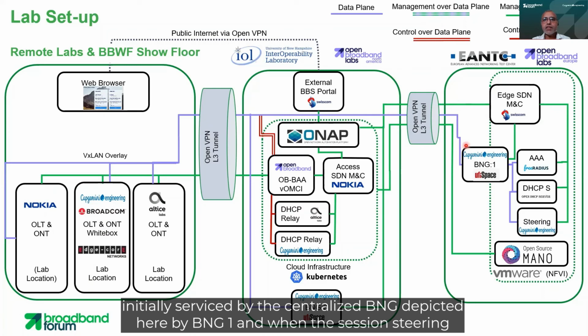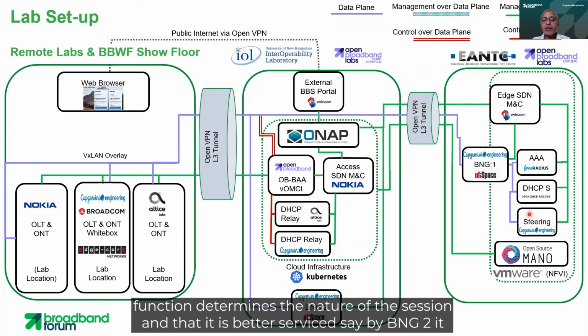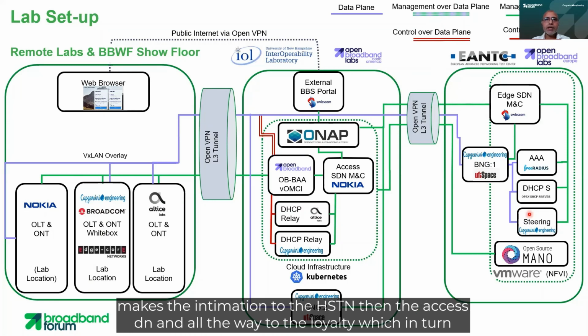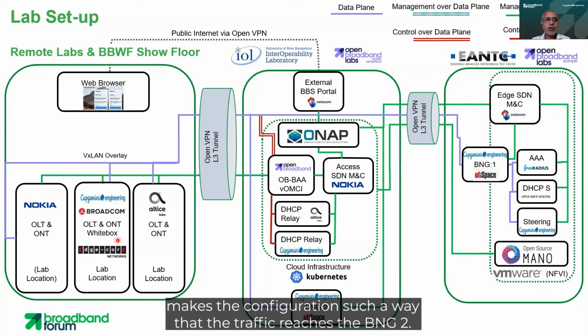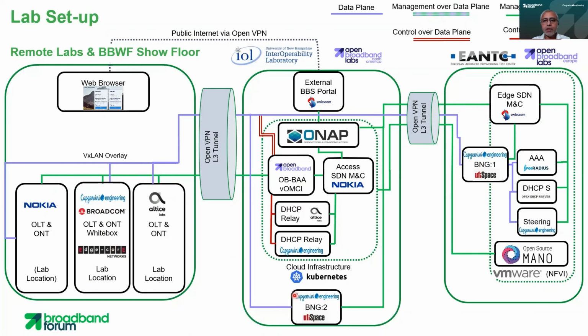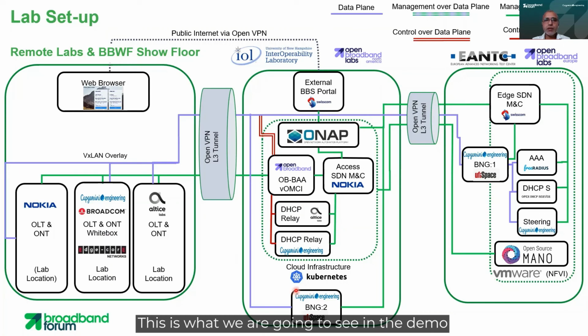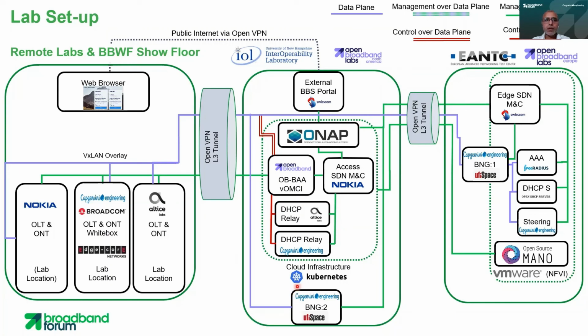And when the session steering function determines the nature of the session and that it is better serviced, say, by BNG2, it makes the intimation to the Edge SDN, then the Access SDN, and all the way to the OLT, which in turn makes the configuration in such a way that the traffic reaches the BNG2. This is what we are going to see in the demo.